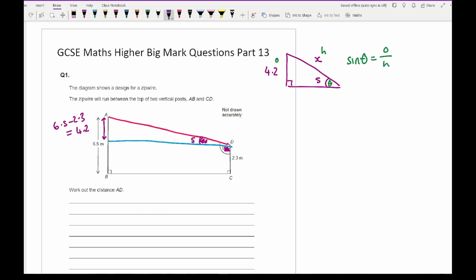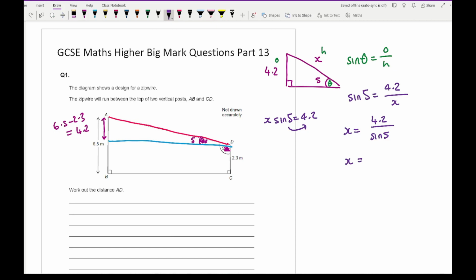Then from this, I can substitute the numbers in, which gives sine 5 equals 4.2 over x. And then with a bit of rearranging, I get x equals 4.2 over sine 5. And again, if you're not sure how I've done that, just take the x over to the other side and then take the sine 5 over, and you'll end up with this.